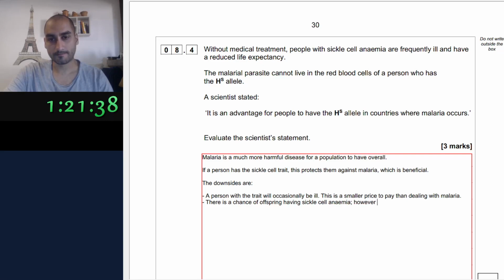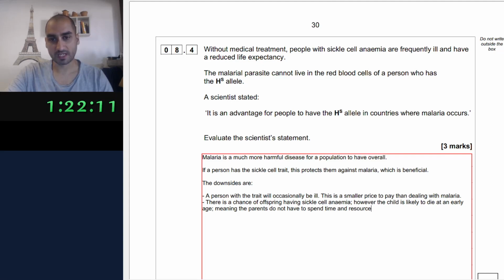However, the child is likely to die at an early age, meaning the parents do not have to spend time, and it seems almost insensitive to say this, but it is extremely practical, and people in these countries do have to think practically.